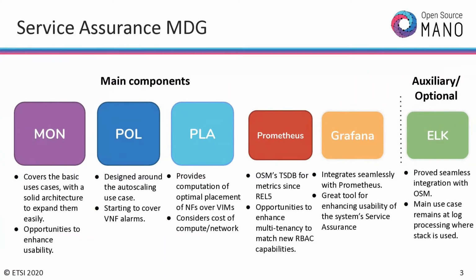For example, if you are generating too much traffic to a VNF, you can auto-scale and avoid crashing all the system.